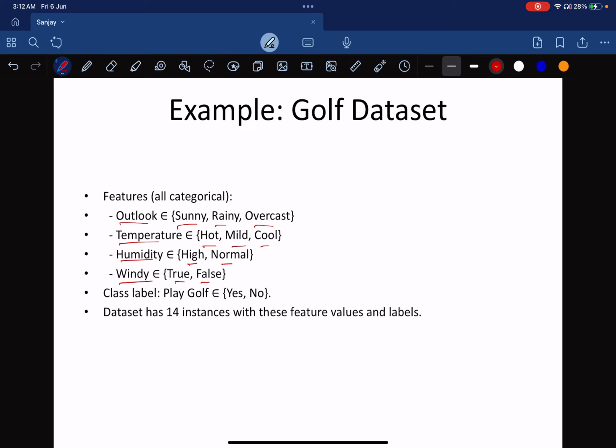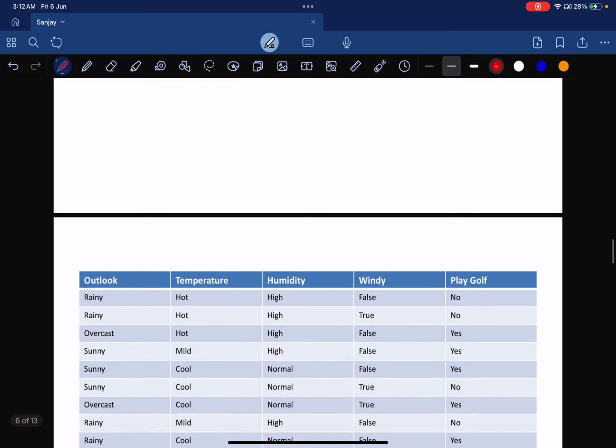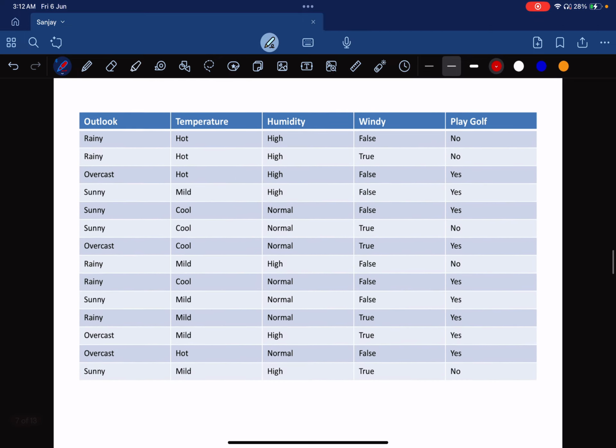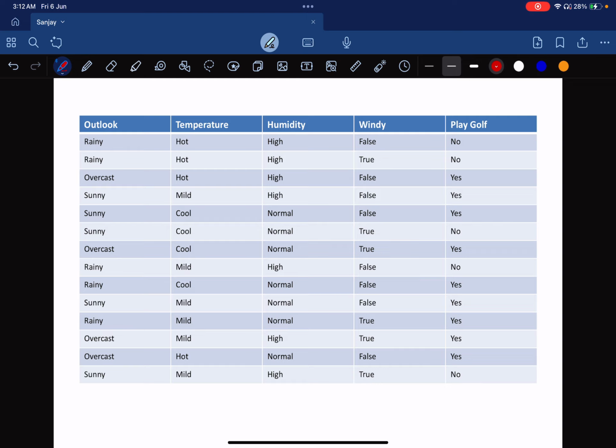And there are two classes, or we can say two labels, that is yes or no, to play the game. Let's take an example. This is a sample data set to train the model and predict the outputs.